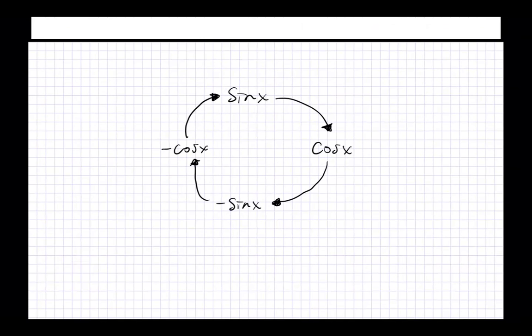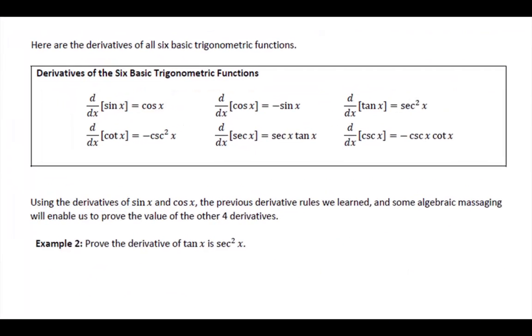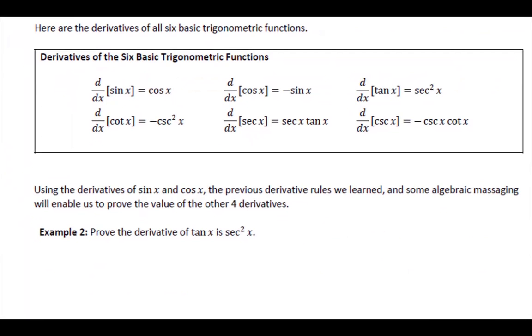Okay, so I could do that for every other one. I could do that for tangent, cosecant, secant. But just for lack of time, I'm going to give you the rest of them. So here are the rest of the derivatives. We did the first two. The derivative of sine is cosine, the derivative of cosine is negative sine.